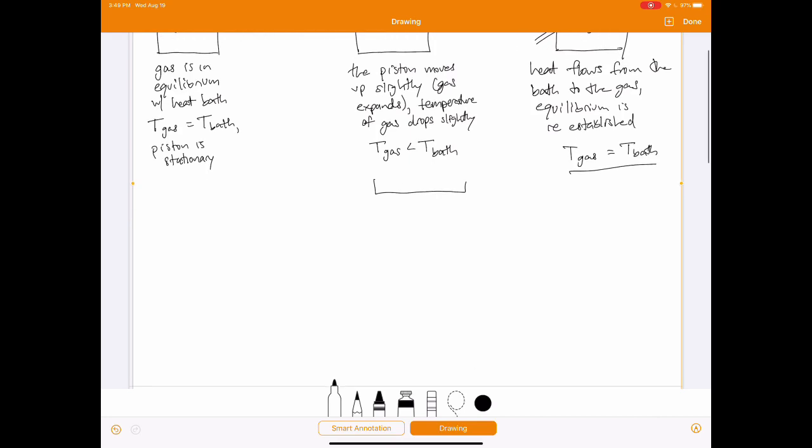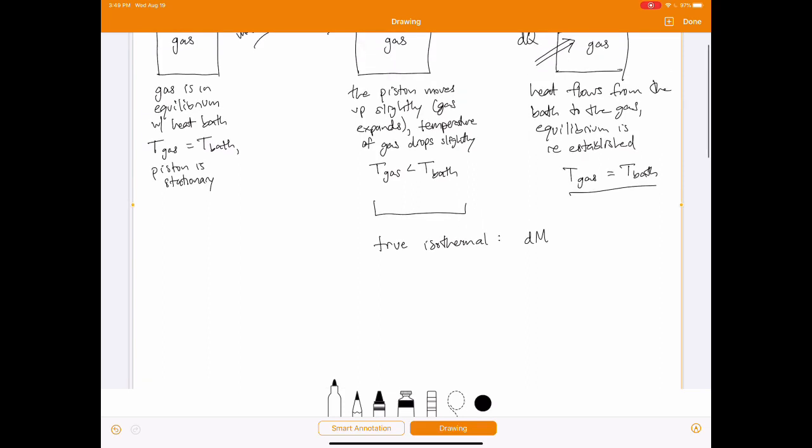If we want to make this a true isothermal process, where there's really no temperature change happening at all, we have to take delta m, that little bit of mass we're moving each time, to 0. We have to take the limit where delta m goes to 0 for a true isothermal process.